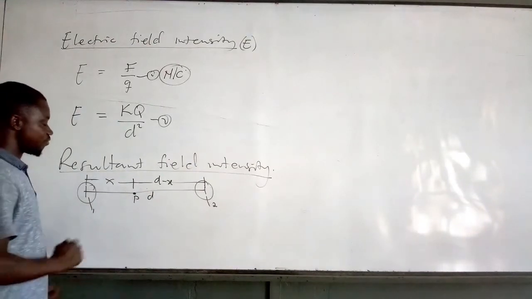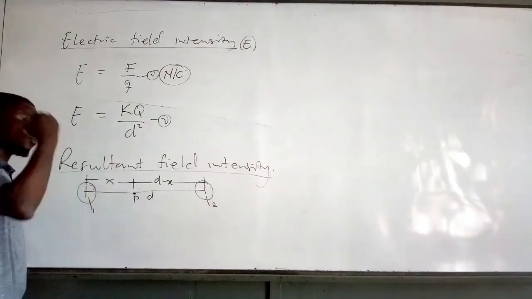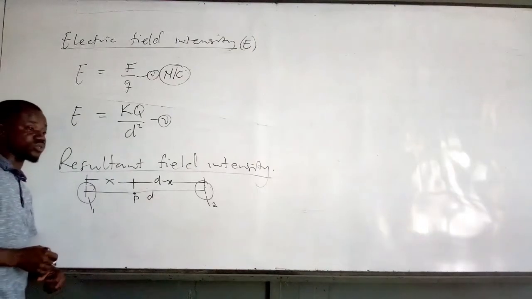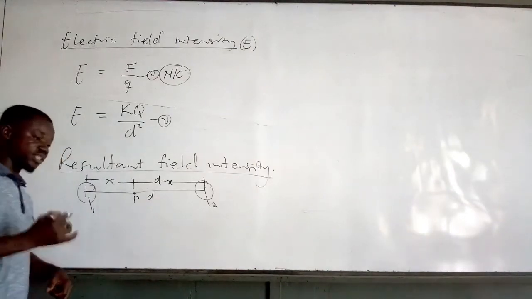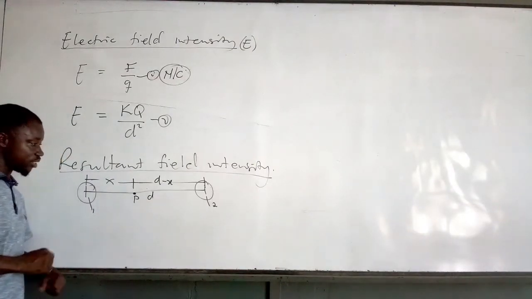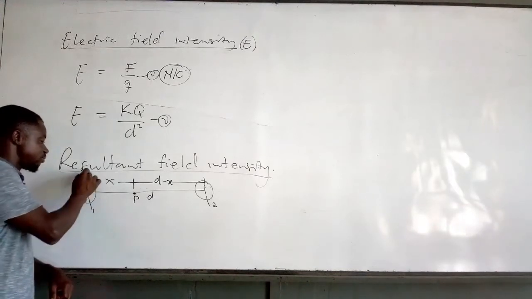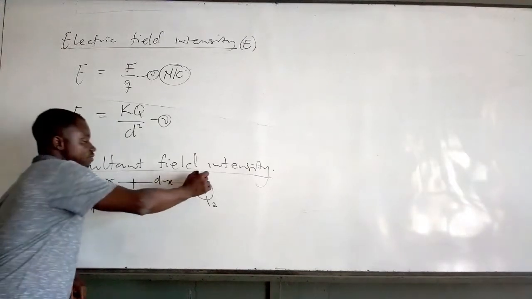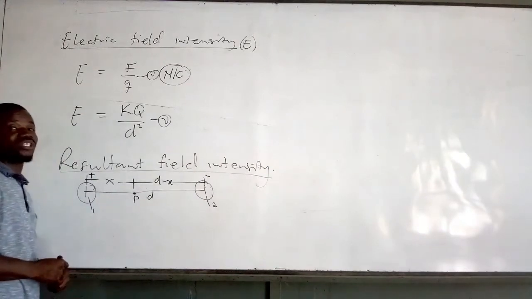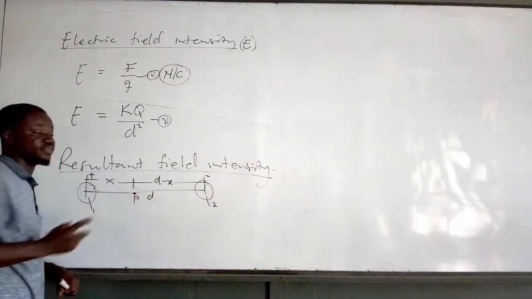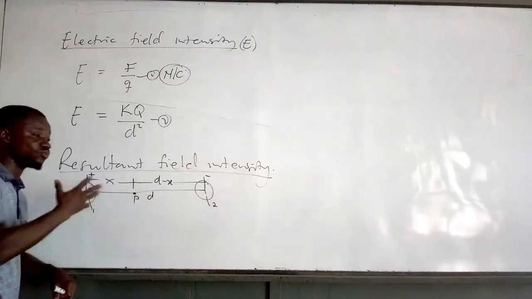So all that we have to do is just like we looked at under resultant forces. We take into consideration the charges of these two bodies. So what you do is that you can place any charge here. You know, there are so many ways of doing this.